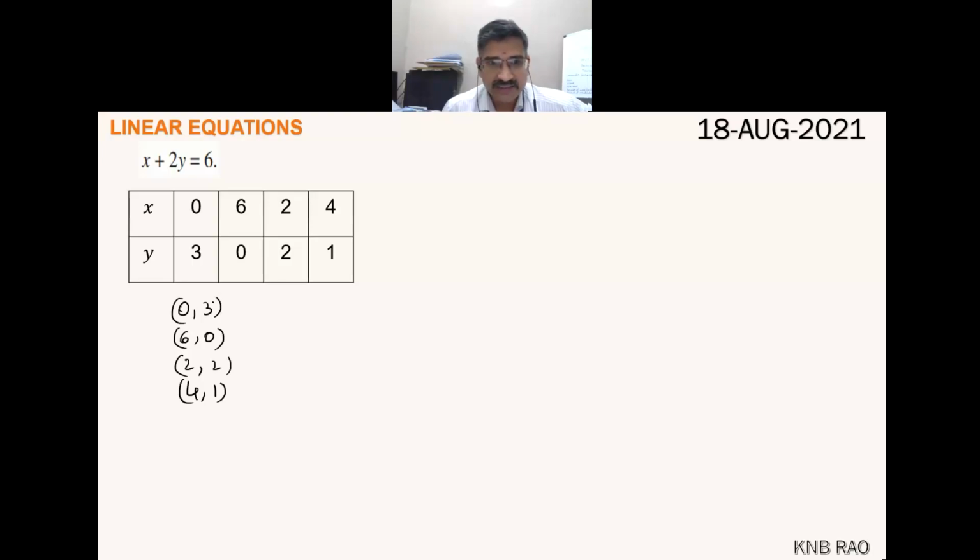Okay. 2 points are enough to draw a straight line, but I'm asking you to find 4 so that you can rectify your answers and check your correctness. Checking is done by finding 1 or 2 more points along with the 2 points.